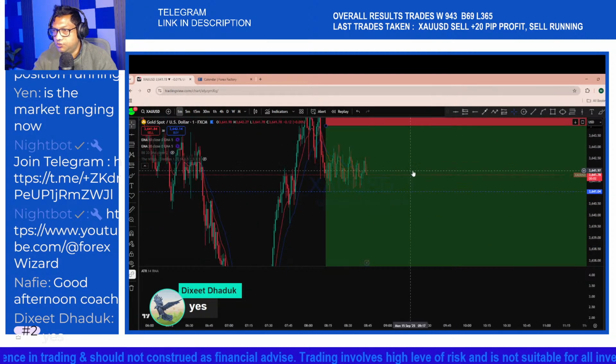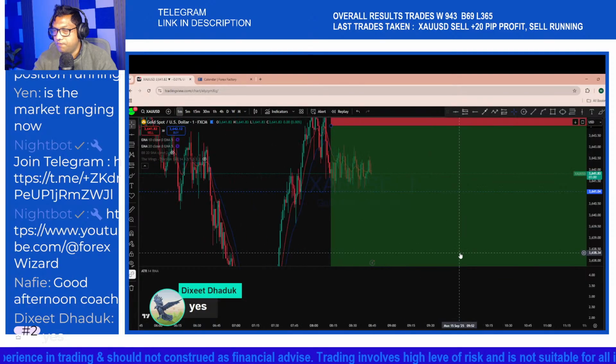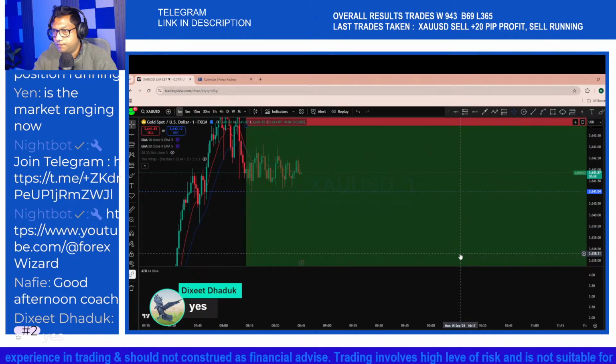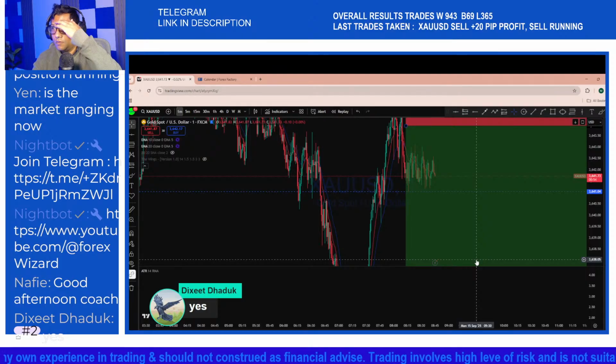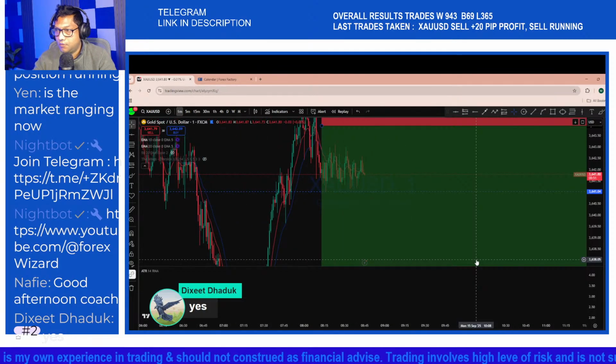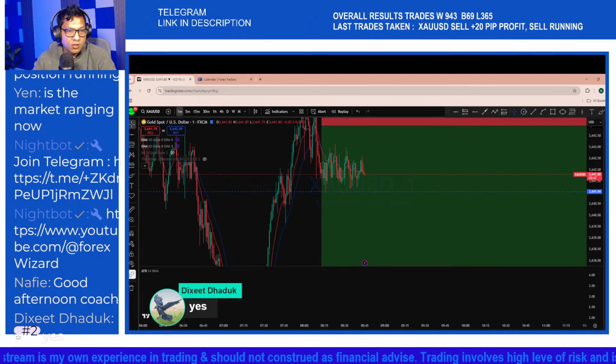All right, here is what you can see with this liquidity grab. I'm still holding on to that. Would like to see it getting back below to the support level.